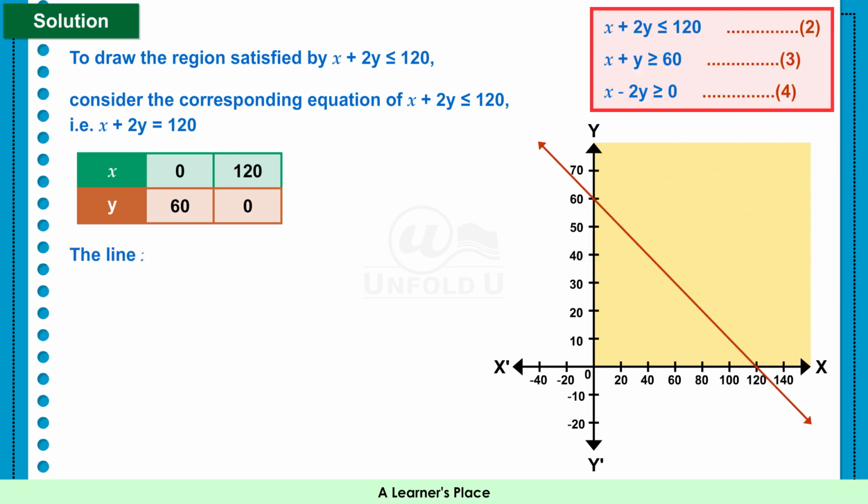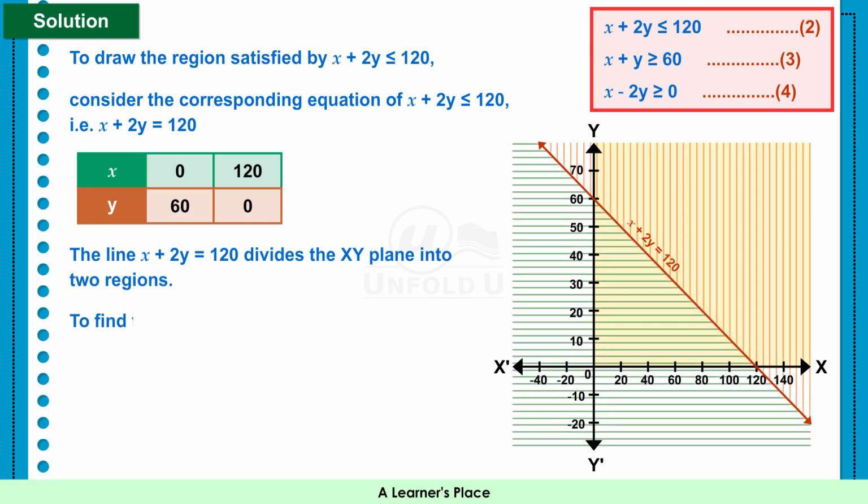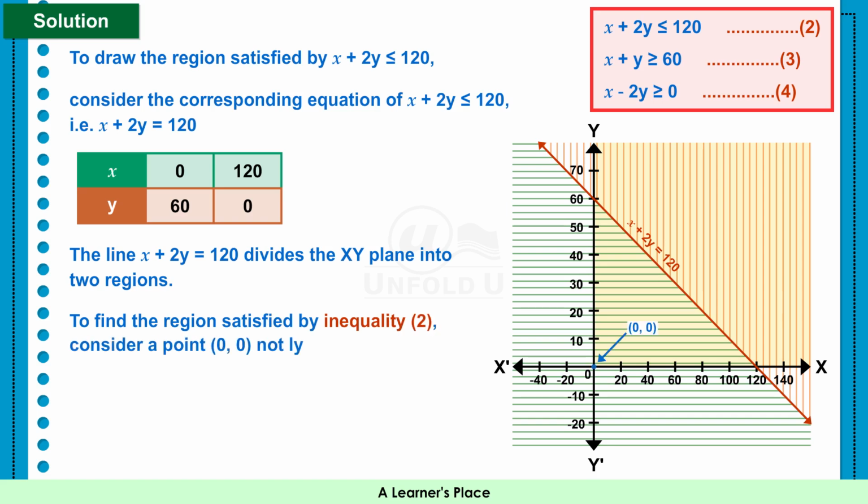Here, the line x plus 2y is equal to 120 divides the xy plane into two regions. To find the region satisfied by inequality 2, consider a point (0, 0) not lying on the line x plus 2y is equal to 120 and put (0, 0) in the inequality x plus 2y is less than or equal to 120.